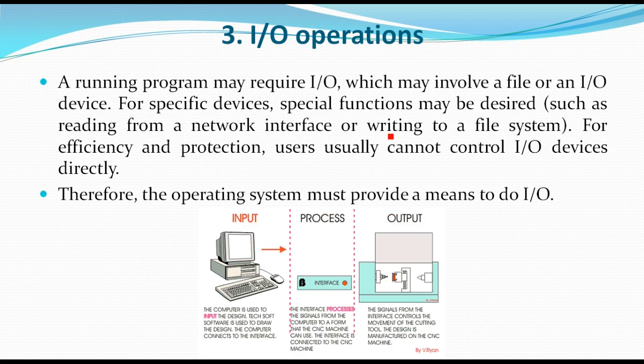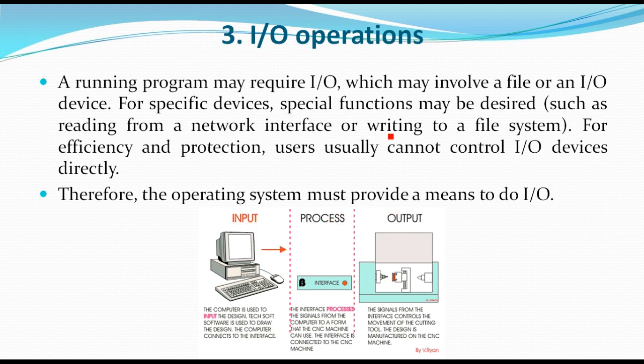The operating system controls the IO devices, so that the user can perform all the IO operations more efficiently and effectively. Usually the user cannot control all the IO devices, so the operating system controls them, and the operating system must provide all the IO devices for the users whenever the user requires it.